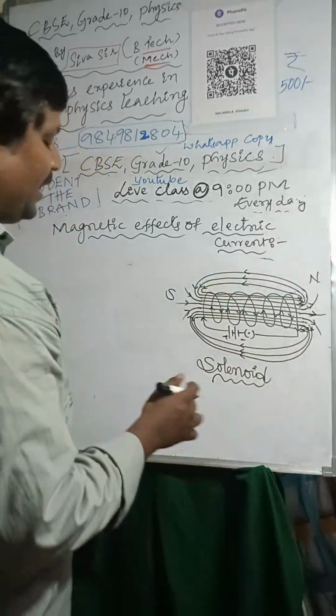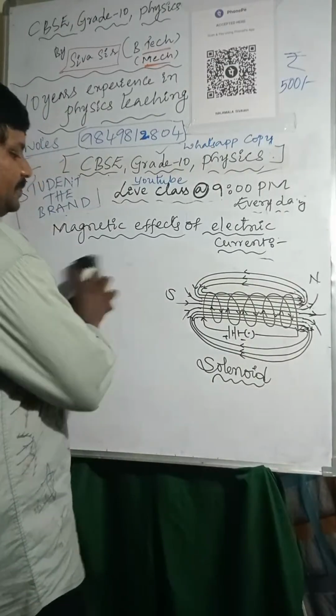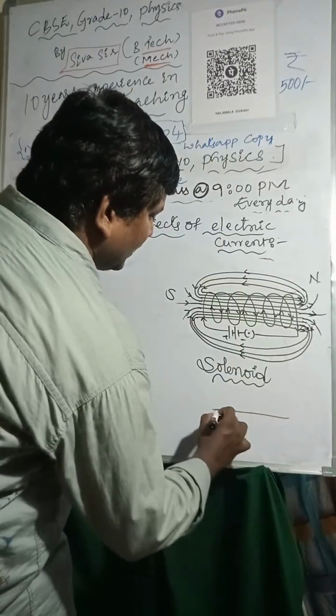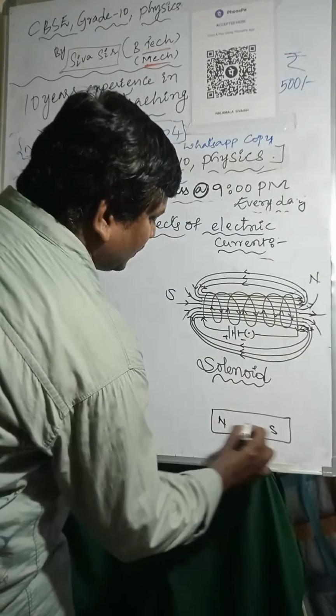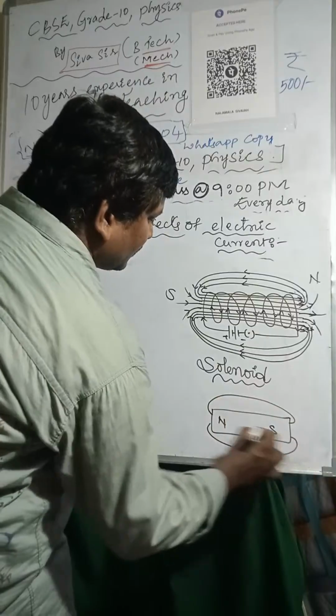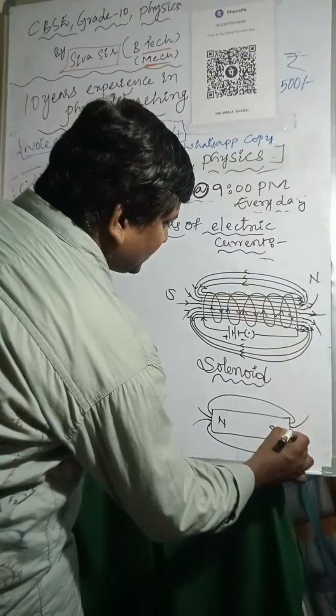So here the point is, I will draw one more. I am considering a bar magnet. I am drawing it. So here you can see a bar magnet. Here is north, this is south. So the magnetic field will be like this.